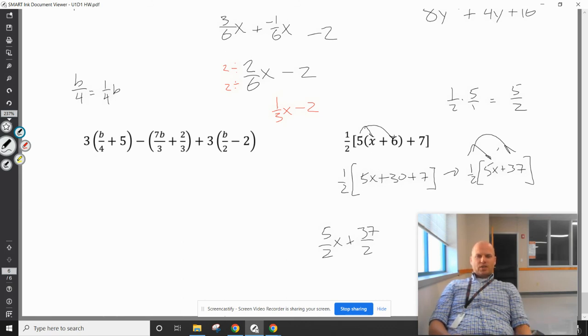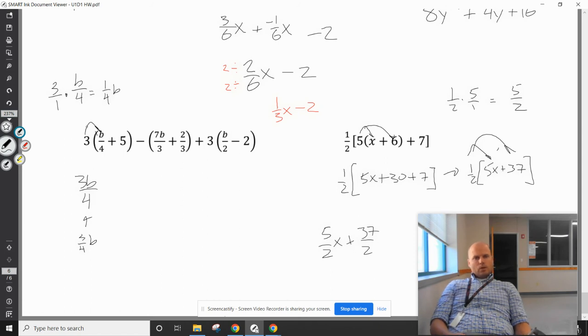It might be easier to think about it like that. That way, if you distribute it in, you multiply by 3, you can just say, oh, 3 over 1 times b over 4 is 3b over 4, or 3/4 times b. Whatever way you want to do it, either write it like this or write it as this.